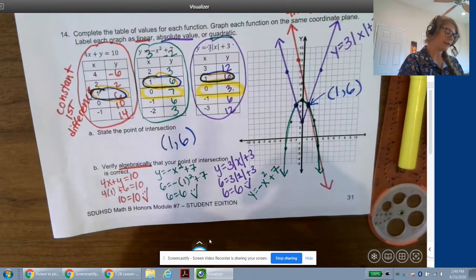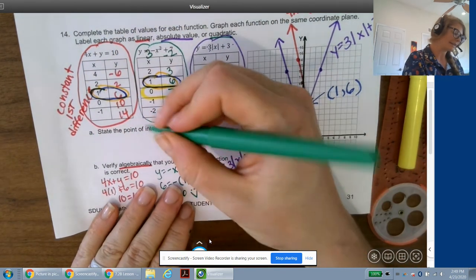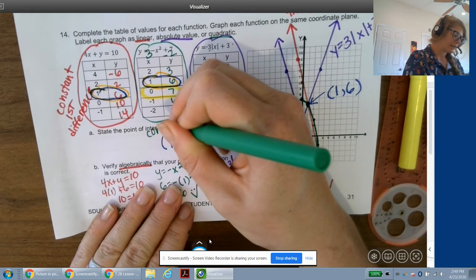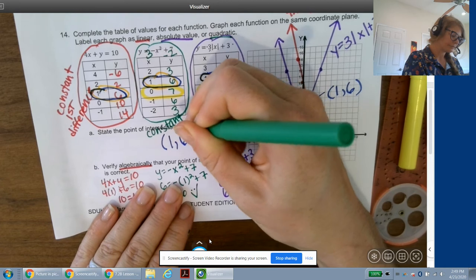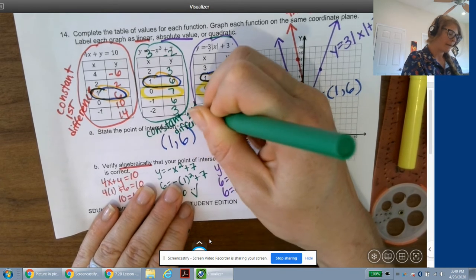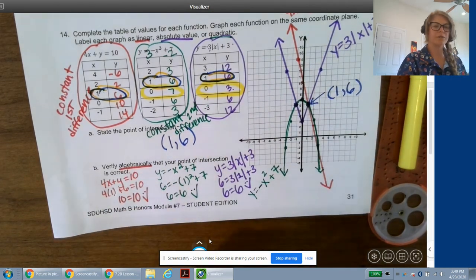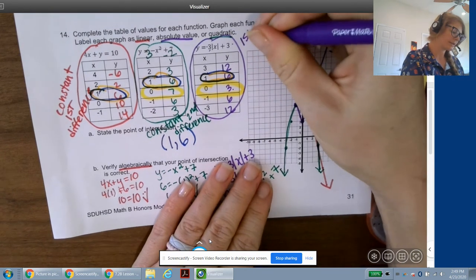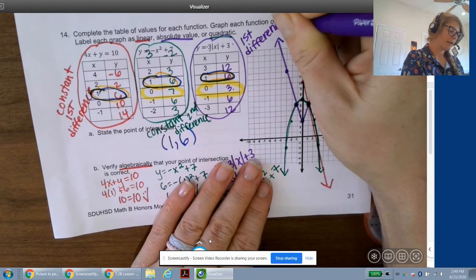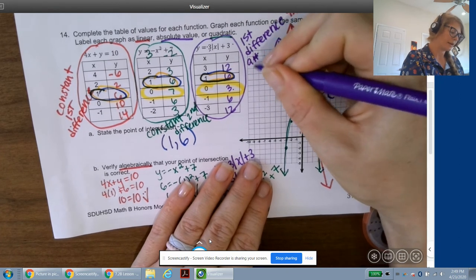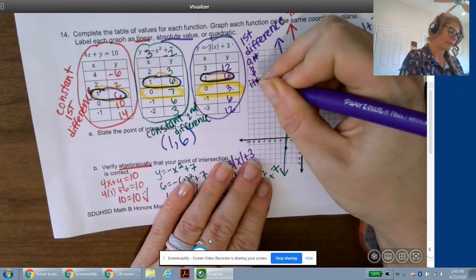If we take a look at our quadratic, you're going to have a constant second difference. And for our absolute value, you'll notice that your first difference is a number and its opposite.